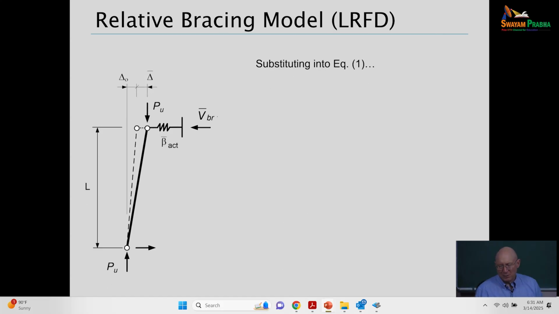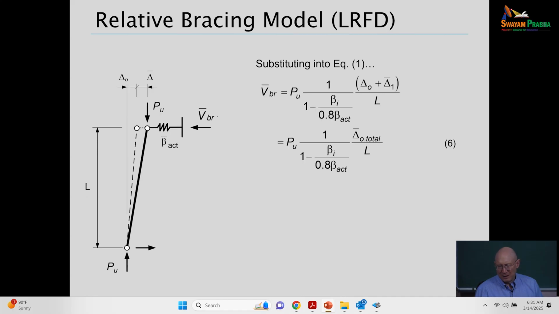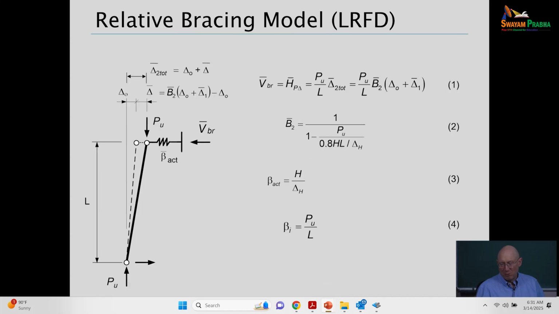All right, so if we substitute everything that we just derived into the fundamental equation, equation 1 here at the top of the screen, where we're just saying, oh, the brace force is really just the P delta shear that we get based on the total second order side sway deflection.